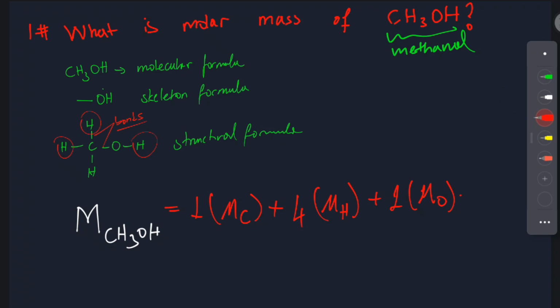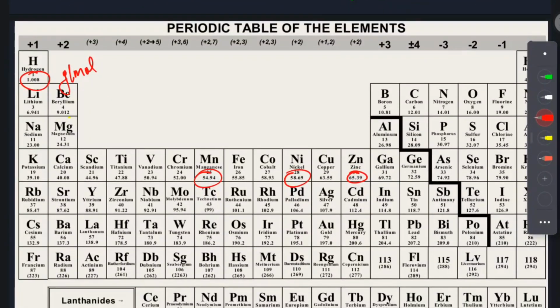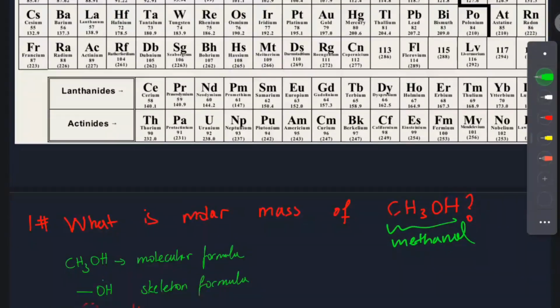We have to know the molar mass of carbon, hydrogen, and oxygen. Molar mass of oxygen is 16, carbon is 12.01, and hydrogen is 1.008 gram per mole.